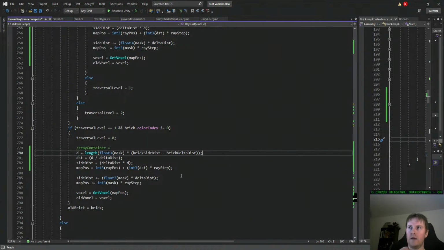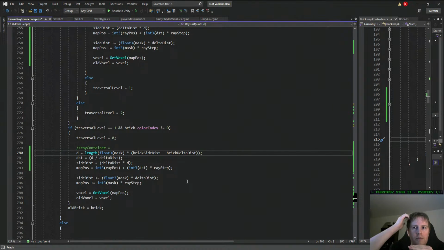What happens is that we traveled into a new brick. And the way it works is that when you travel into the next space, it actually travels to the end of that space. So it goes from the edge of the previous one to the edge of the next one.